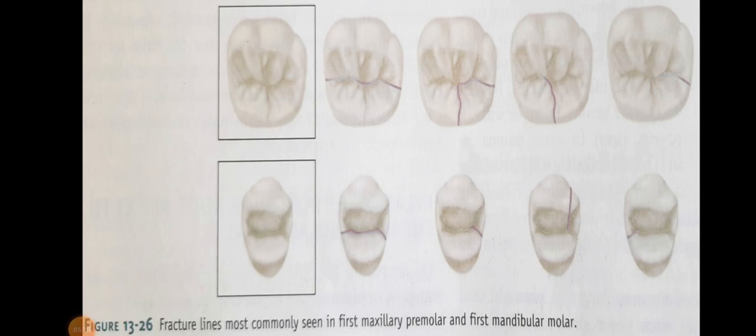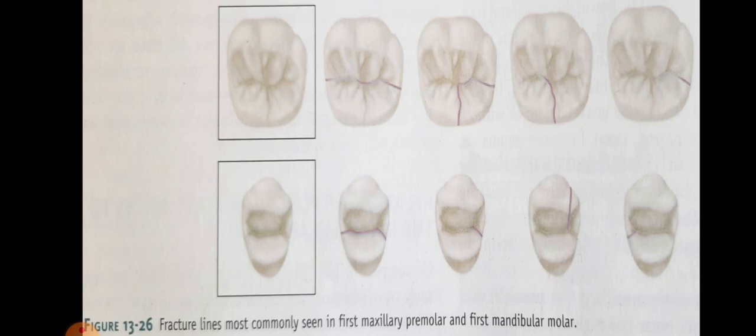Fractures of the cusps of maxillary first premolar and mandibular first molars often occur along developmental grooves or stress lines, as shown in figure 13.26. Right? They often occur along the developmental grooves or along the stress lines.